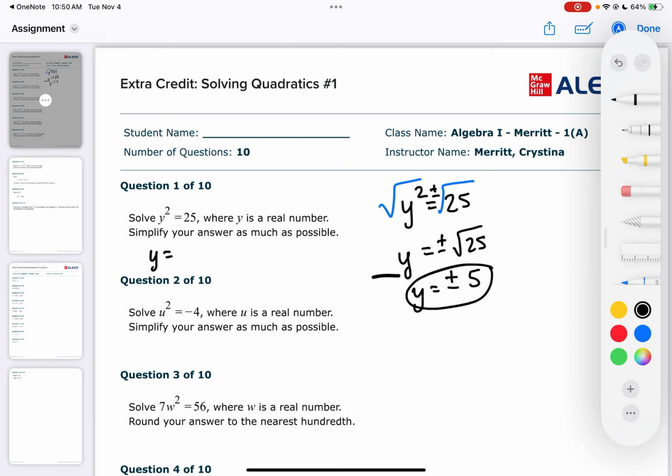So y could equal -5 or +5. So just keep in mind that when you do the square root, you're trying to figure out what number times itself could possibly equal 25. So there's two possibilities, a negative and a positive.